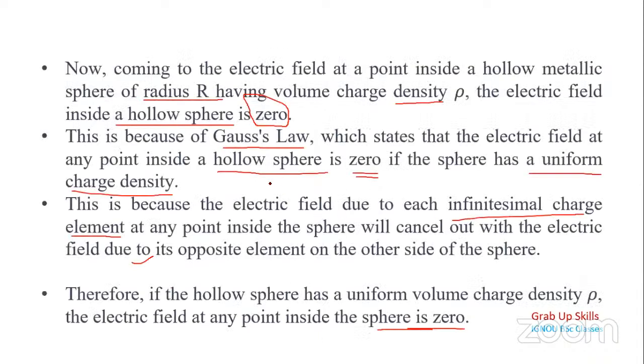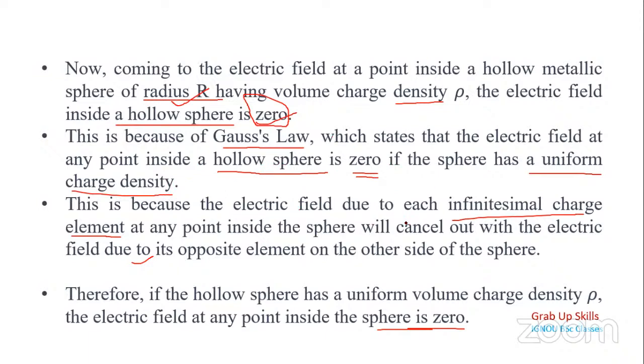So now coming to the electric field at a point inside the hollow metallic surface of radius r, which has a volume charge density, always the electric field inside the hollow sphere would be equal to 0, right? And because of Gauss law, what does it state? Electric field at any point inside a hollow sphere is 0. So why is it?